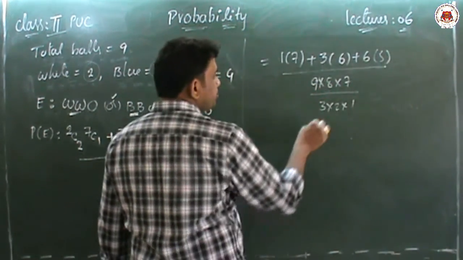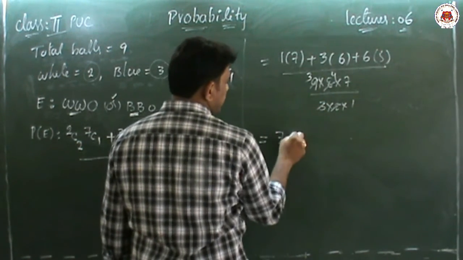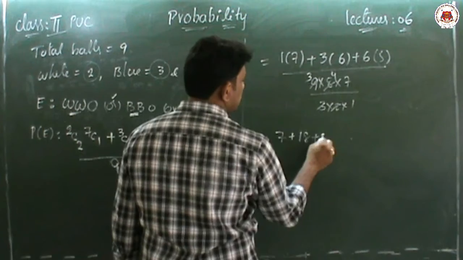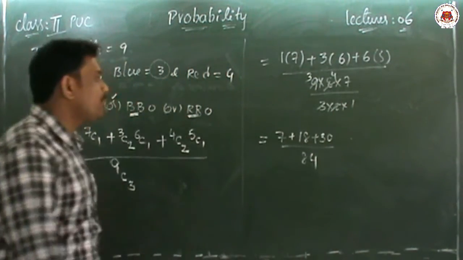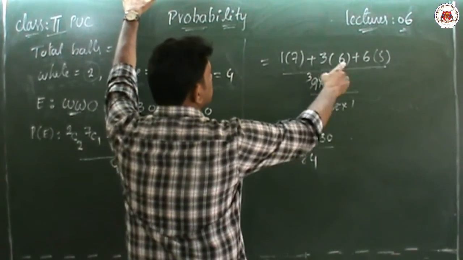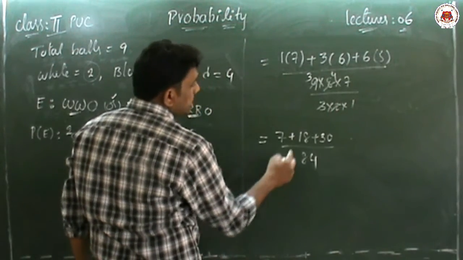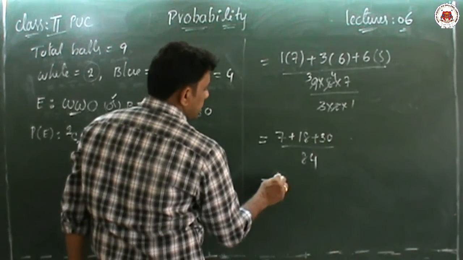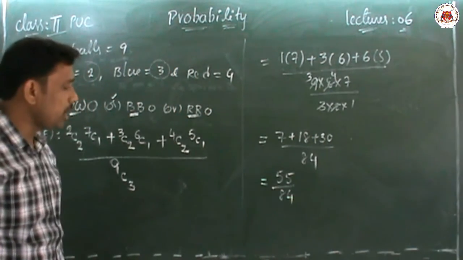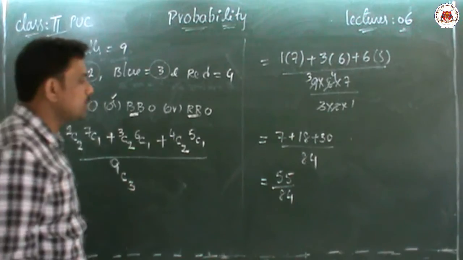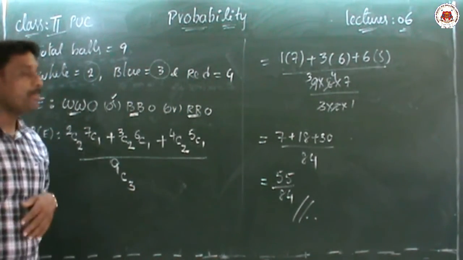Cancelling, we get 84. In the numerator, 1 times 7 is 7, 3 times 6 is 18, 6 times 5 is 30. Adding, 18 plus 7 is 25, plus 30 is 55. So 55 by 84. If possible we can cancel it, but no number will cancel here. So the answer is 55 by 84.